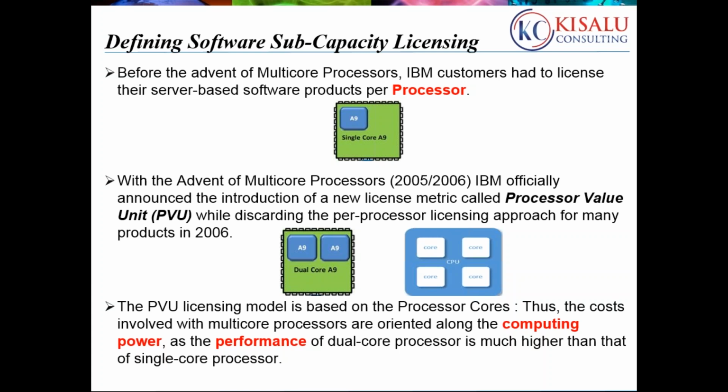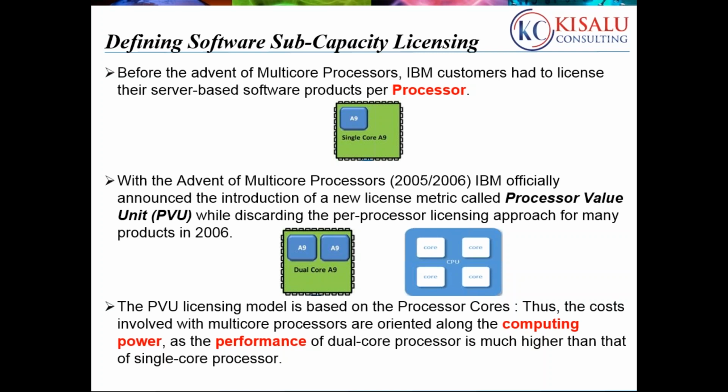Then came around 2005 and 2006 the advances in technology which brought multi-core processors into the market. Then IBM officially announced the changes whereby there will be a new way of licensing products. They introduced a new metric which was called the processor value unit, or PVU, and then discarded the per-processor licensing for many of the products in 2006.